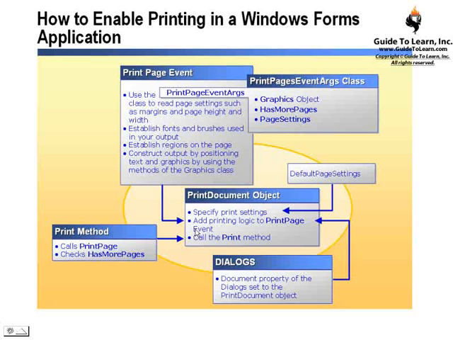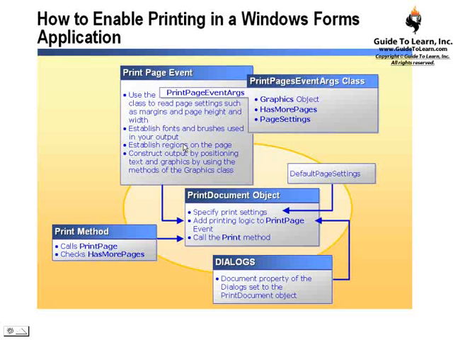and the print page event occurs. So in the print page event, we use the print page event arguments in order to understand how to deal with the graphics, whether or not there are more pages to be printed, and how they are to be printed, by reading the page settings. And of course, we can find the margins, the page height and width by reading the page settings itself.